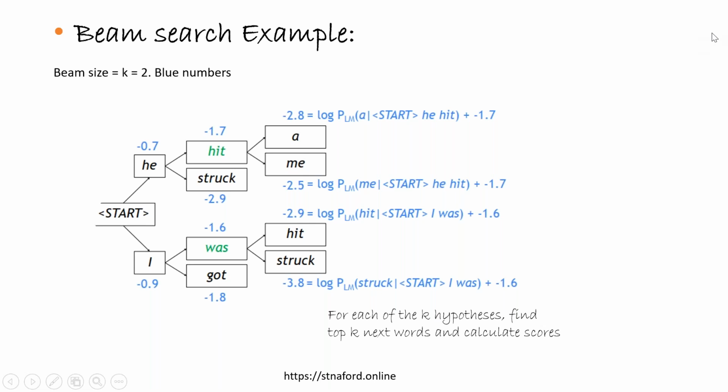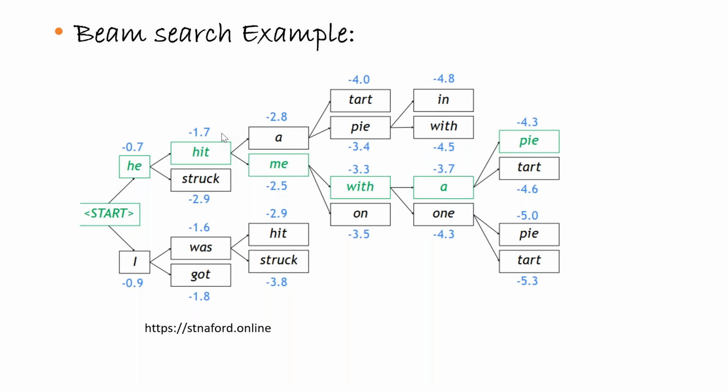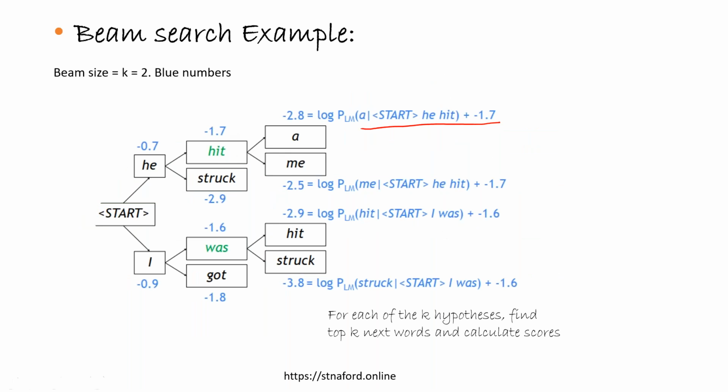So minus 2.8 and the negative log of that, minus 1.7. The previous number, whatever we get, we add to it, right? So we do this from the previous one, and here also we do it from the previous one. So we get the next word based on that.